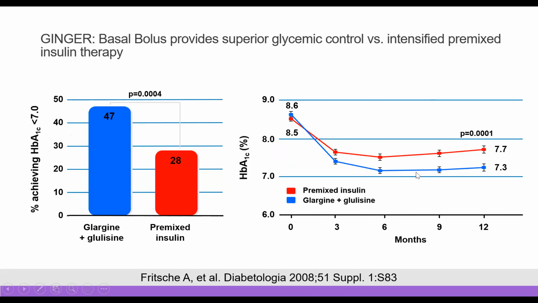As expected, because in the basal bolus regime, you can actually titrate the dose of every meal separately. In premixed, we cannot titrate the prandial insulin with respect to every meal, and therefore the basal bolus regime will give much better control compared to premixed insulin analog, and moreover, the premixed insulin therapy is associated with more hypo compared to basal bolus regime.